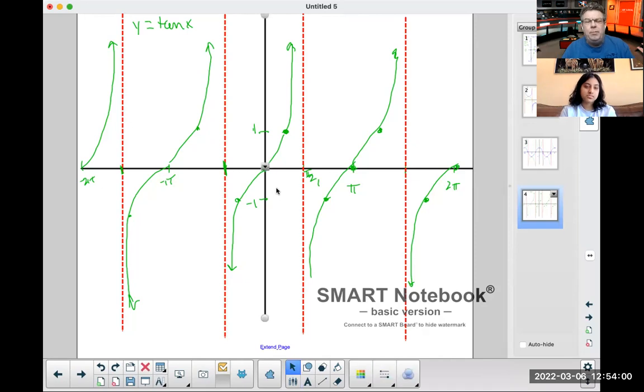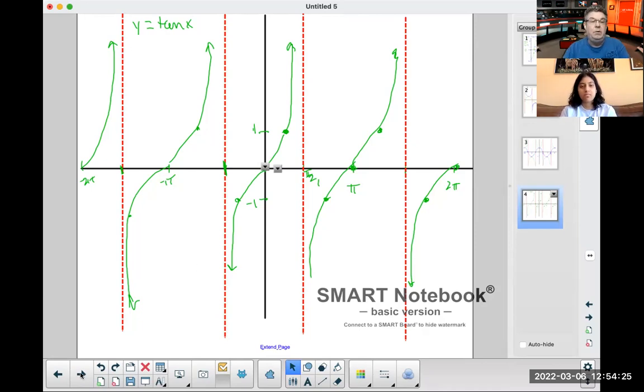But that's hard to remember. So the way I encourage students to remember is to quickly plot where tangent is equal to 1 and negative 1. You only need to do it in one space because it's the same. And then also do the same for where cotangent is negative 1.